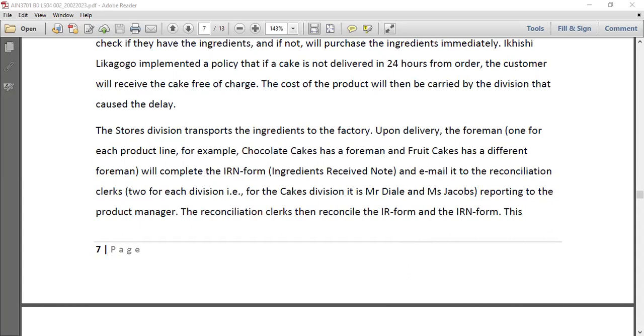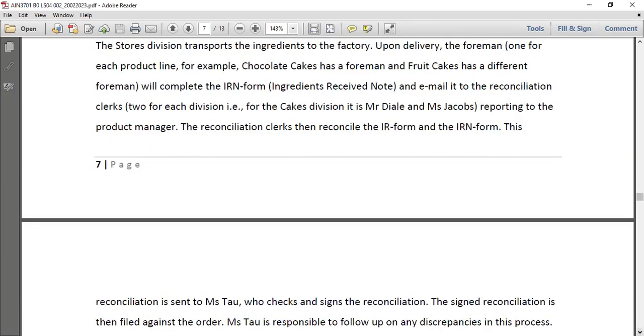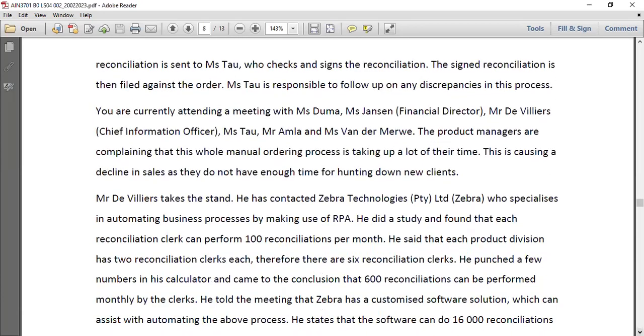The reconciliation clerks then reconcile the IRA form and the IRN form. This reconciliation is sent to Mr. who checks and signs the reconciliation. The signed reconciliation is then filed against the order. Mr. is responsible to follow up on any discrepancies in the process.